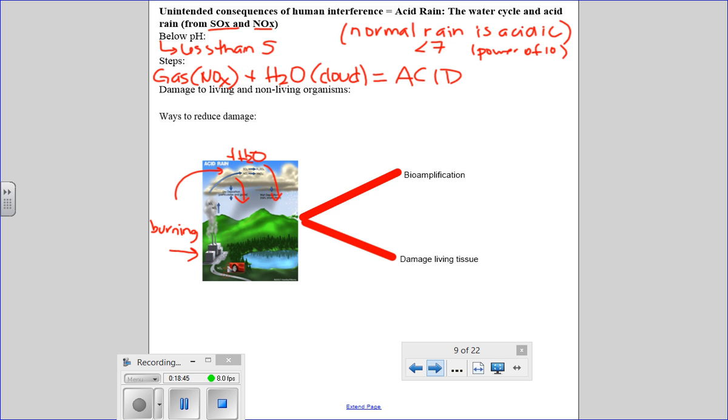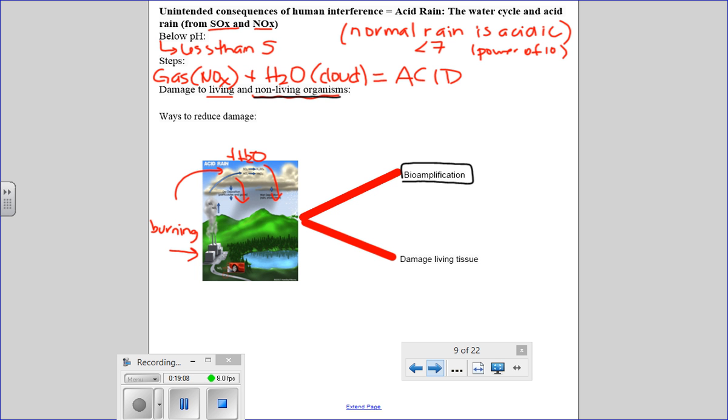So what kind of damage can happen? Well, I can damage living, but also non-living organisms. For my living organisms, I've made a few points down here. I could have bioamplification or biomagnification. And the way I get bioamplification is usually actually a result of non-living organism damage.